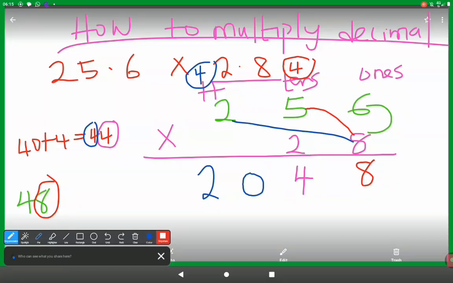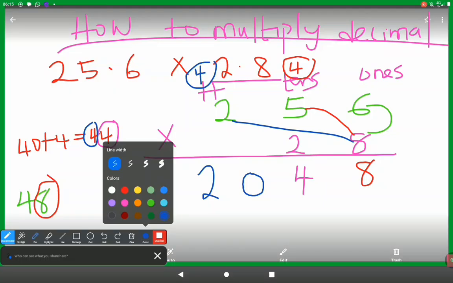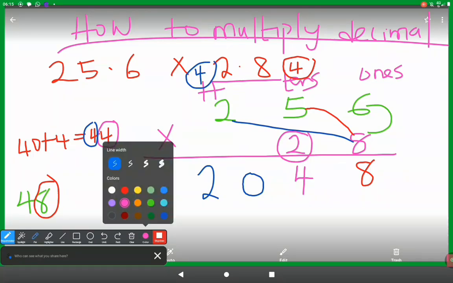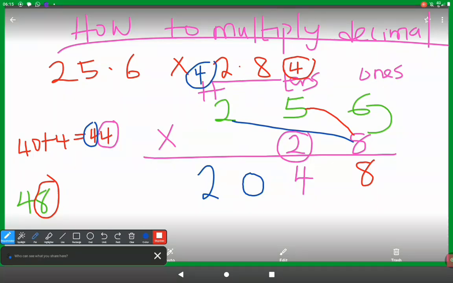So after you've done that, then you move on to the second digit, which is the 2 right here. Now the 2 is the tens. So your answer should start from here, but we cannot leave this one empty. So you can write 0 under this. Don't forget, we are starting from the tens.